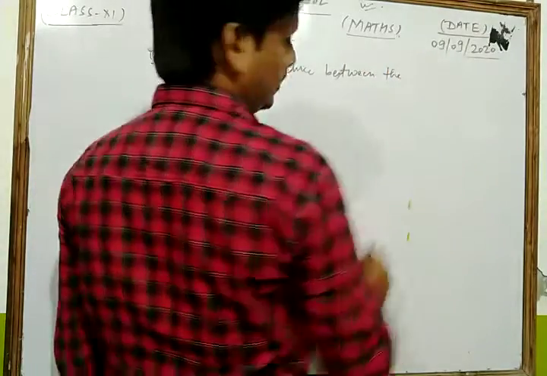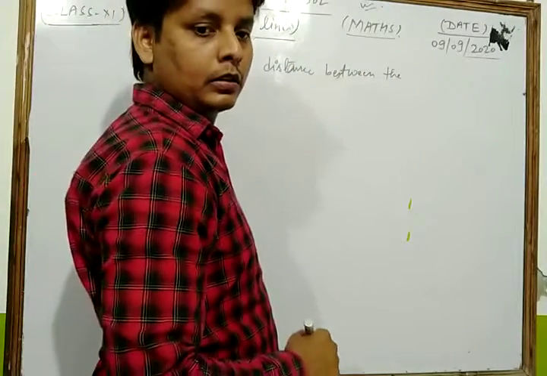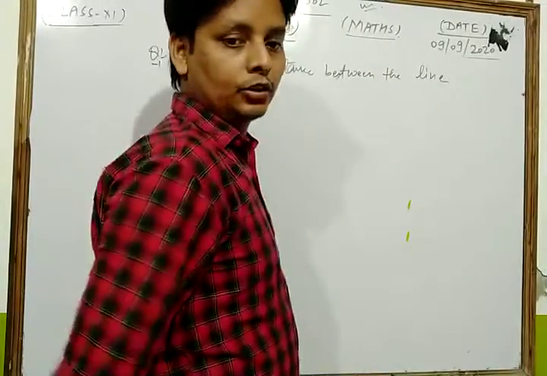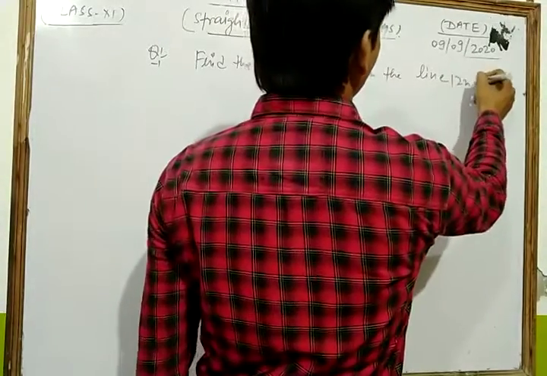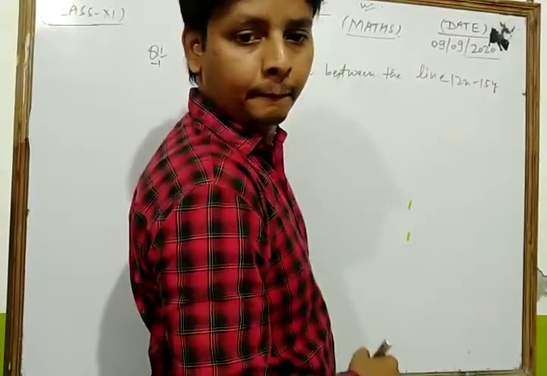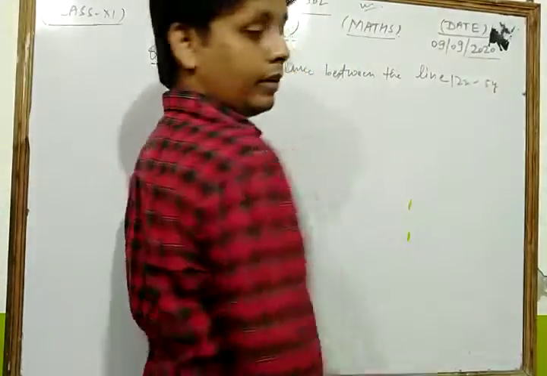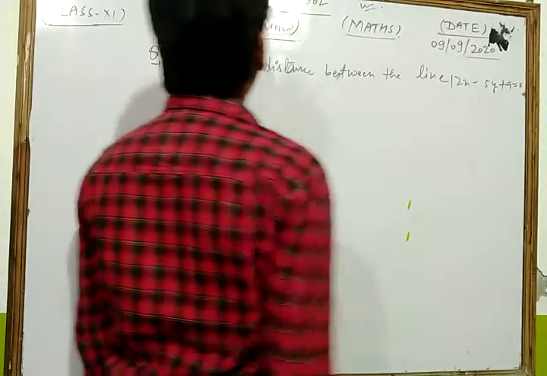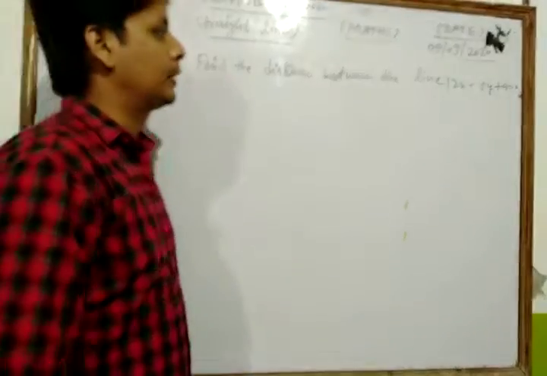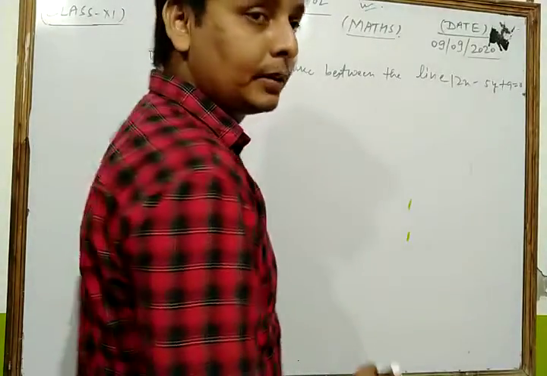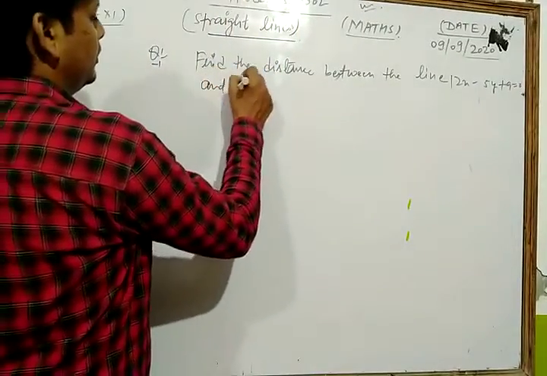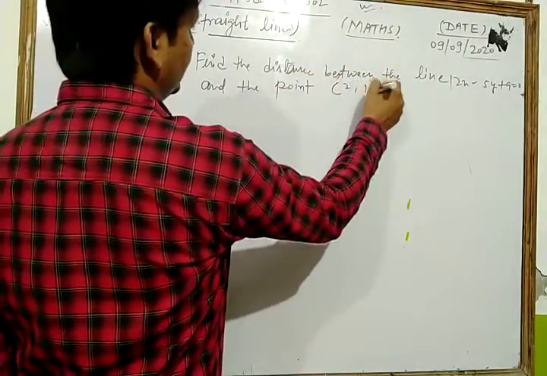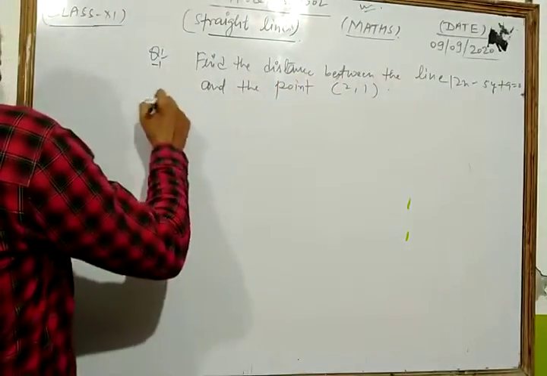Find the distance between the line 12x minus 5y plus 9 is equal to 0 and the point (2, 1). Now let's see its solution.